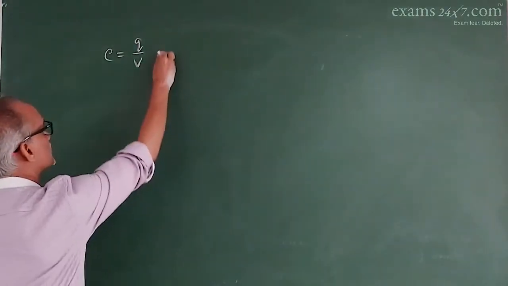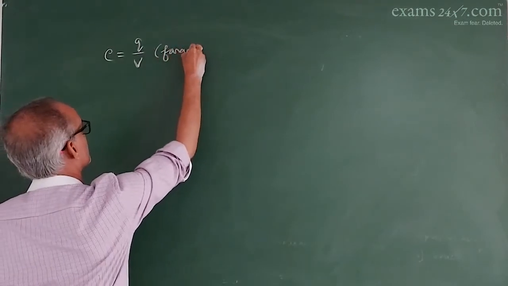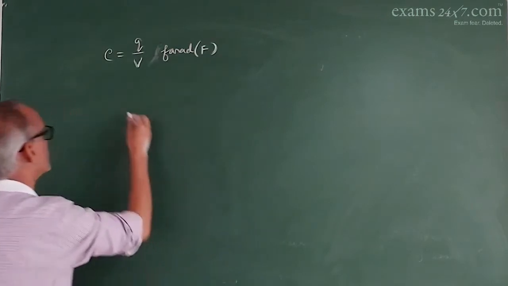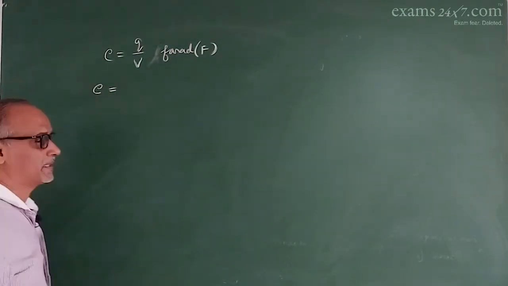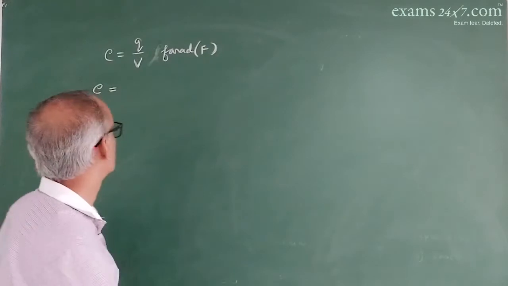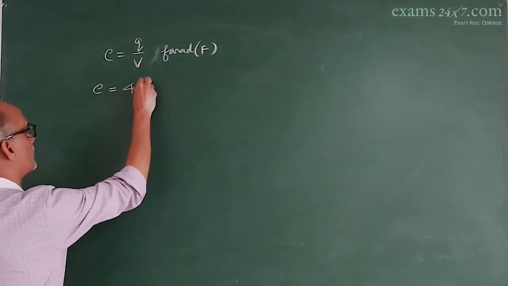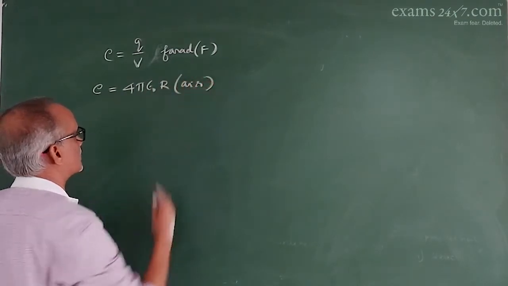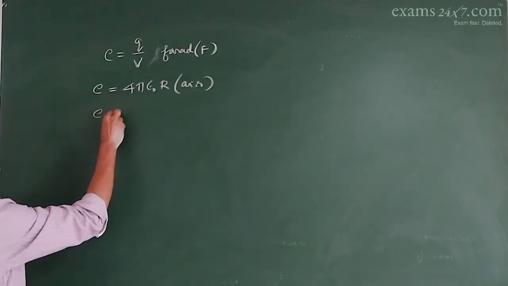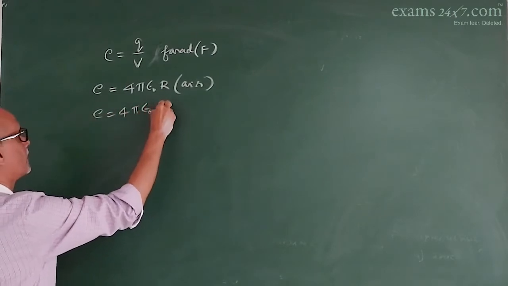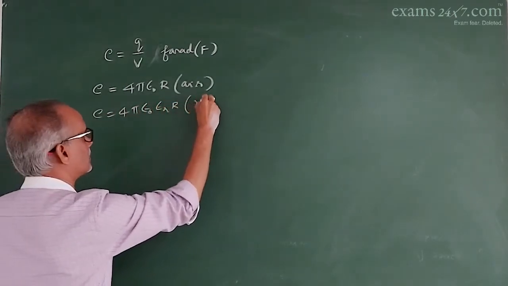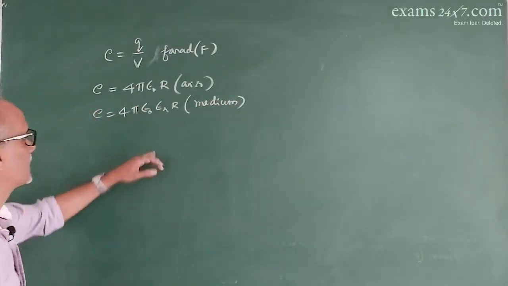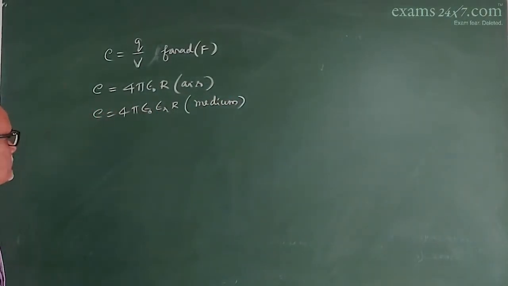Its SI unit is farad, denoted by capital letter F. Capacity of a spherical conductor is given by 4 pi epsilon naught into R when surrounded by air, and C is equal to 4 pi epsilon naught epsilon R into R when surrounded by a dielectric medium having dielectric constant epsilon R.